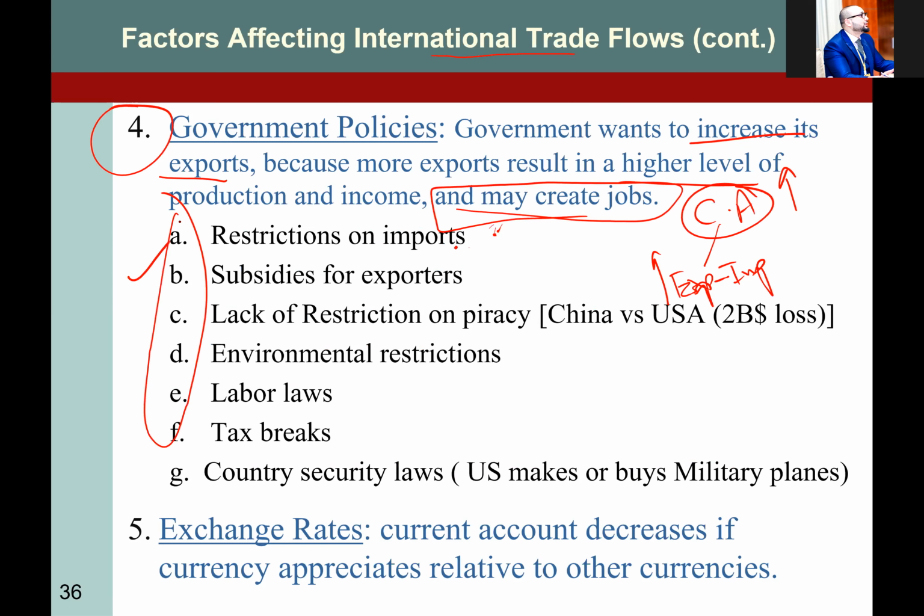For example, right now we have a trade war between China and America. America put trade tariffs on Chinese products, and China put trade tariffs on American products. So this is how they are playing with the trade war. So if the government wants to increase exports, it also needs to relax the restrictions on imports as well.